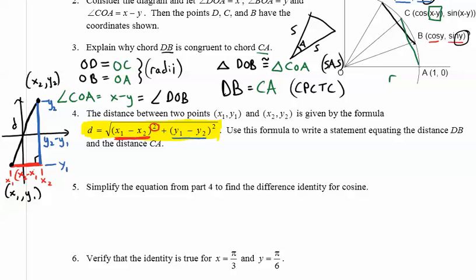In order to find the hypotenuse, we would do the base squared plus the height squared equals the hypotenuse squared. So this is a squared plus b squared equals c squared. Okay, so now we'll apply this formula to our points over here.